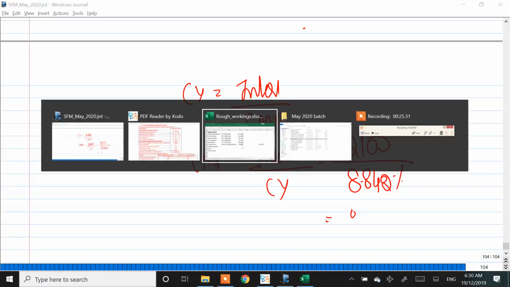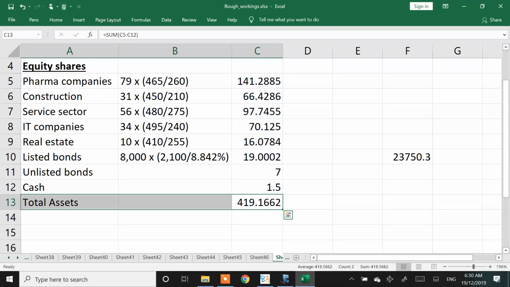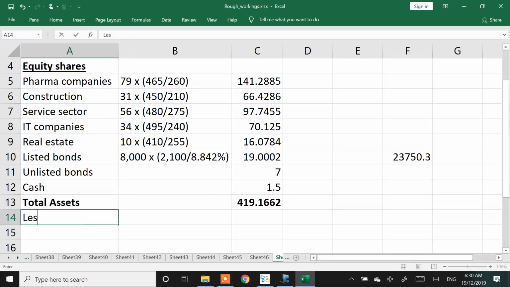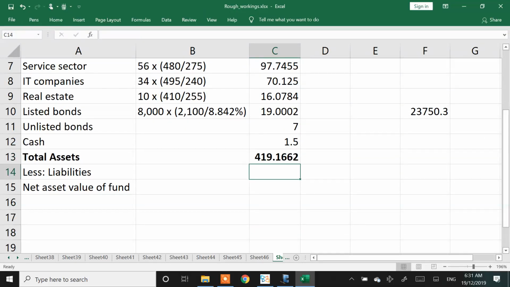Put a total of the assets. Less liabilities and net asset value of fund. This is the part 1 answer, net asset value of fund.